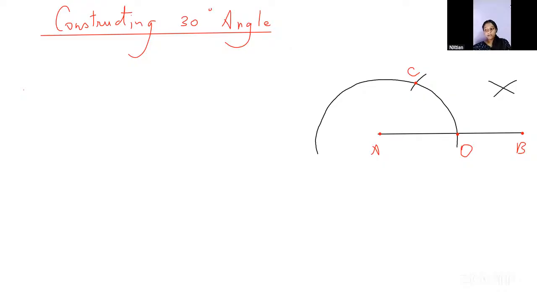Put your compass on O first, then C, and cut the previous one. Name it point D.